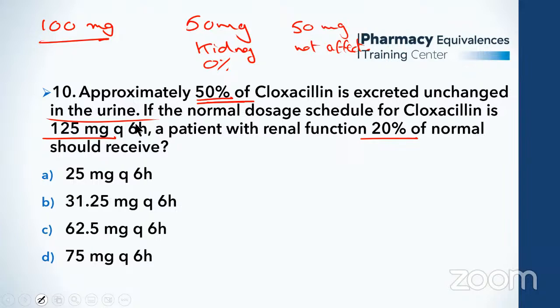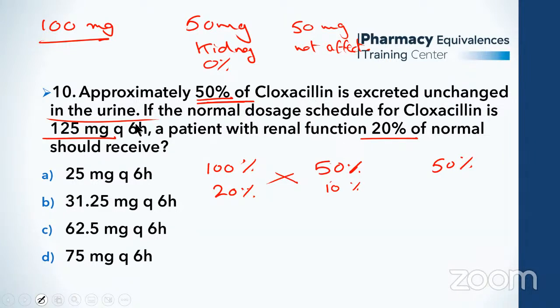When the patient has 100% kidney function, 50% of the drug is excreted through the kidney, and the other 50% is excreted without the kidney. So when the patient has 20% kidney function, what is the effect on this 50%? It will be 20% of the 50. So 20 multiplied by 50 over 100 will be 10%.